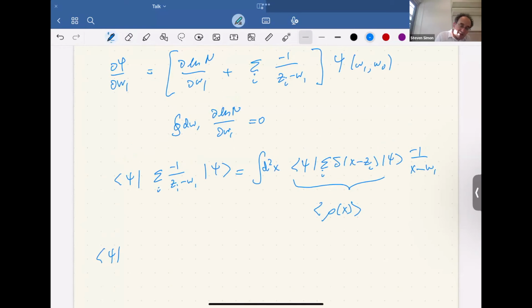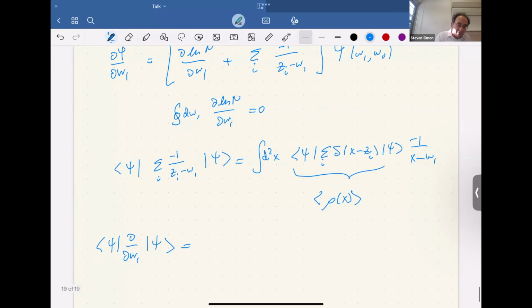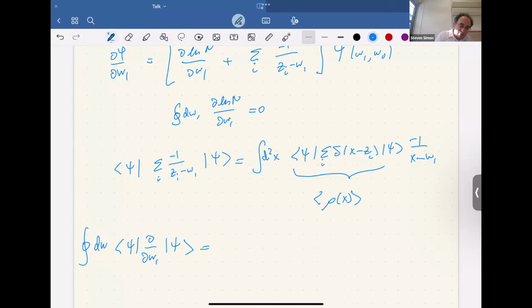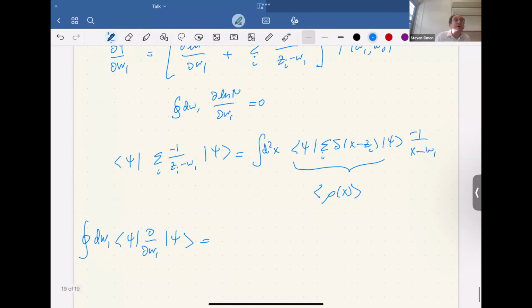So dW1 of psi is then integral dW1 around the loop, and then integral d2x of rho of x 1 over x minus w1, and I probably dropped a minus sign somewhere. Okay, with that.